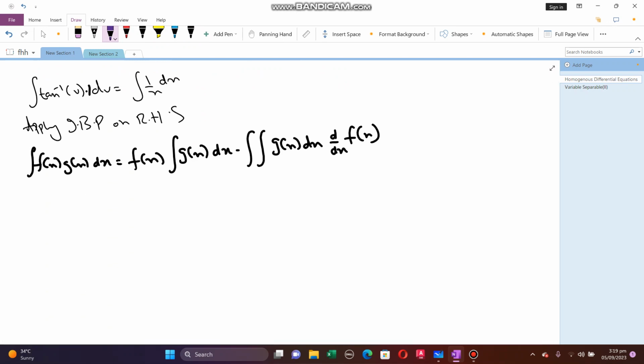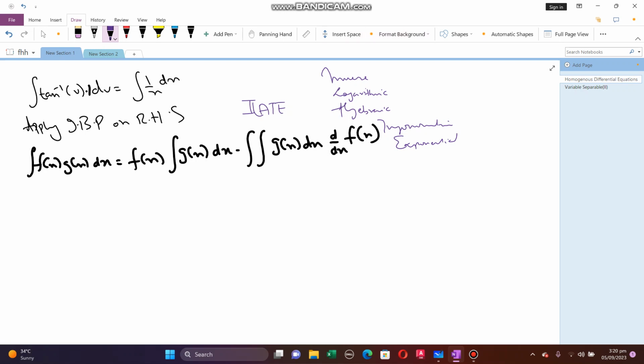There's a famous rule, ILATE, which states: inverse, logarithmic, algebraic, trigonometric and exponential. This is the trend to follow when using integration by parts.